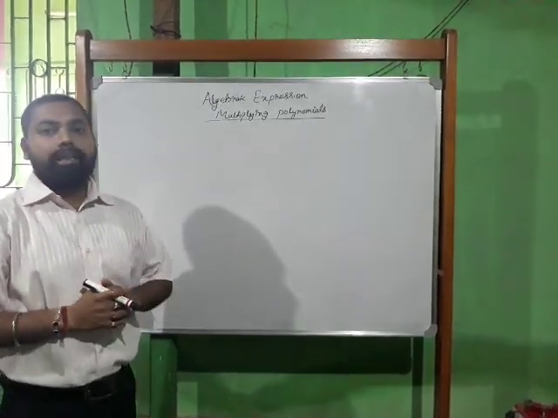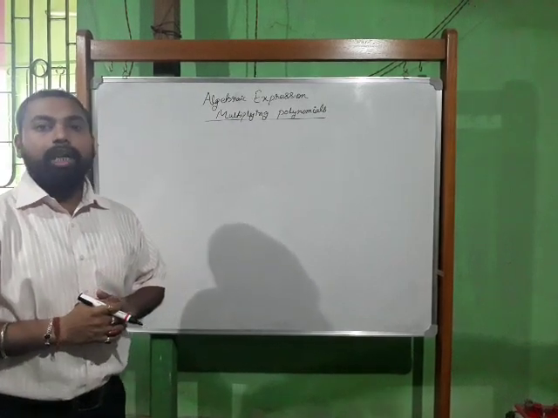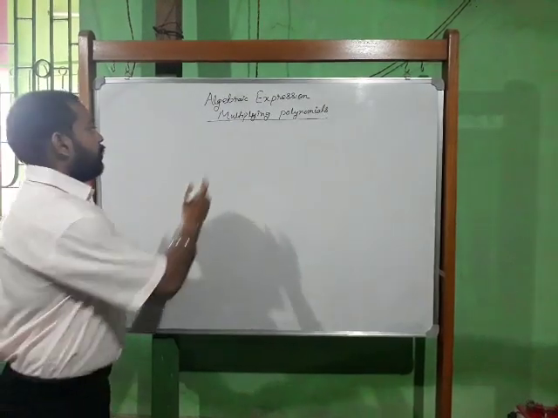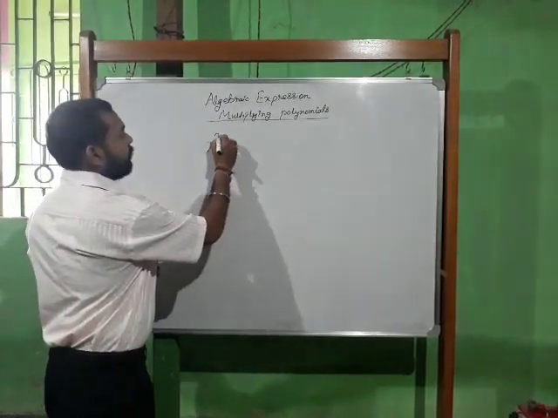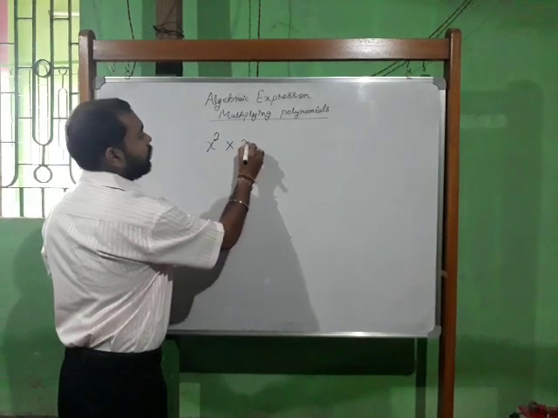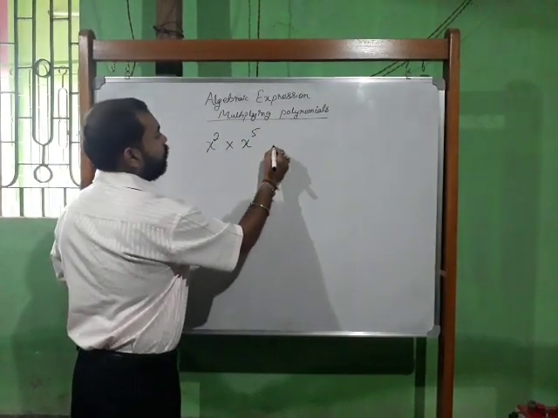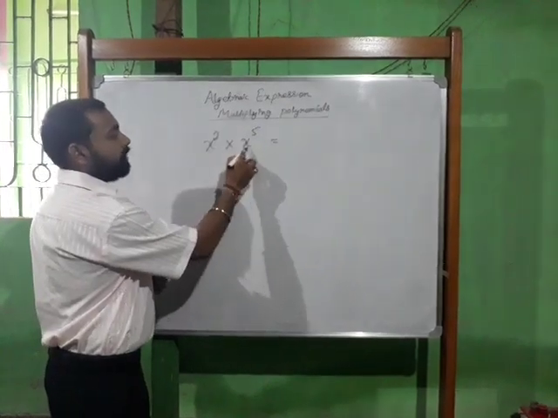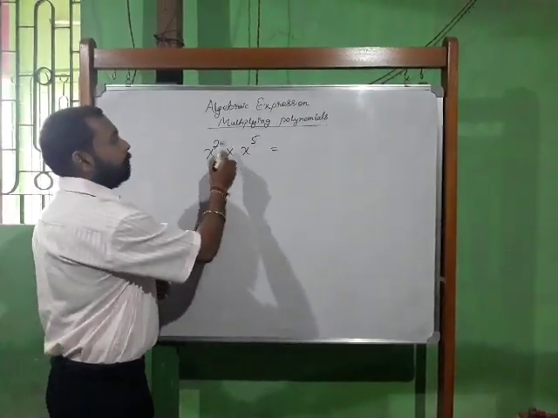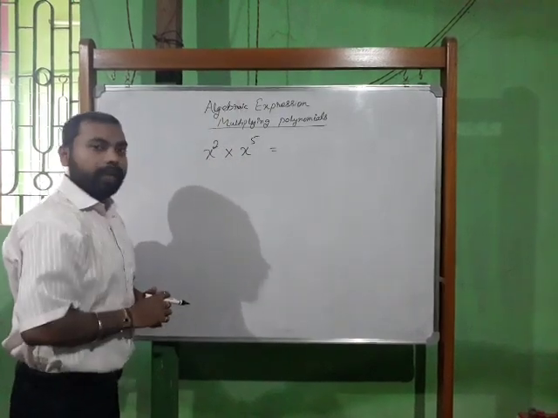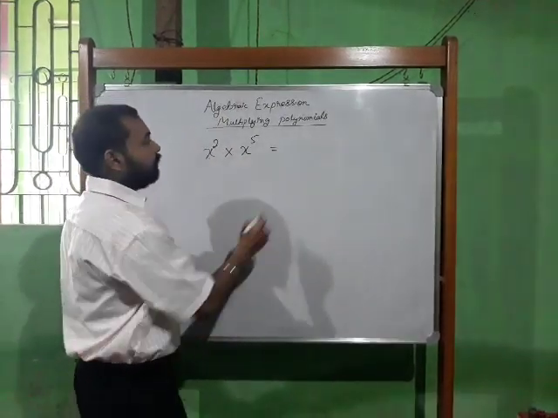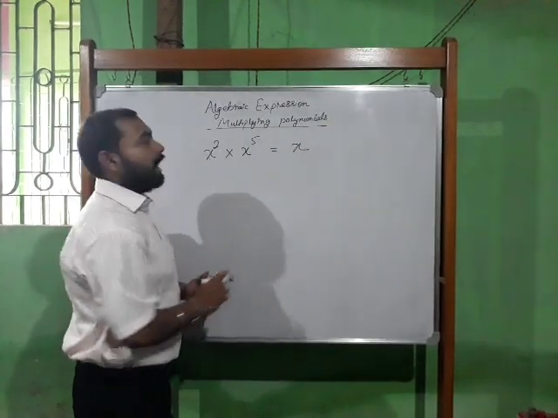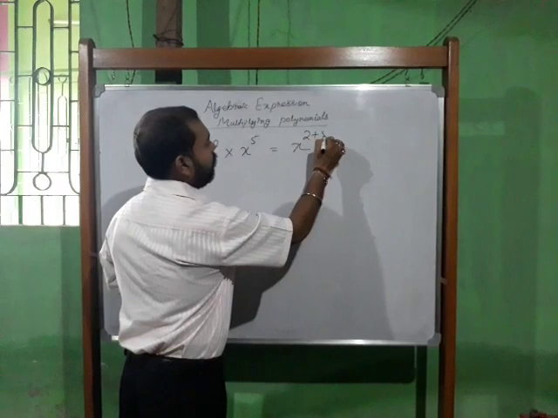As in your earlier classes, you are familiar with the exponent rule. So let me start with the exponent rule. If I write x square multiplied with x to the power 5, what will be the result? According to the exponent rule, if the bases are the same and there is a multiplication sign between them, we write the base as x and the powers will be added, 2 plus 5.